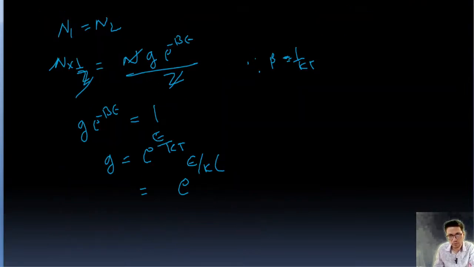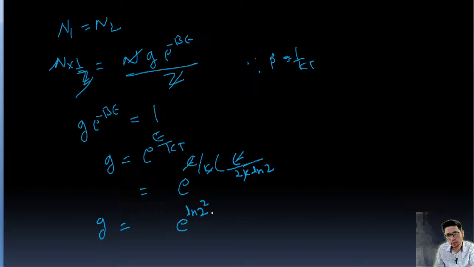So this is going to be e to the power epsilon upon 2k ln 2. k will get cancelled, epsilon will get cancelled. So g is going to be e to the power ln 2 to the power 2, right? This will be 2 ln 2, and by the log property, 2 to the power 2. And ln e means 1, and this is 2 to the power 2, so this value is going to be 4. Okay, so 4 is the correct answer, guys.